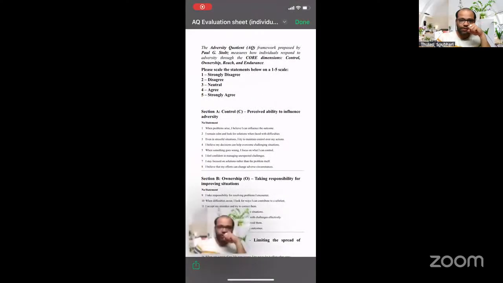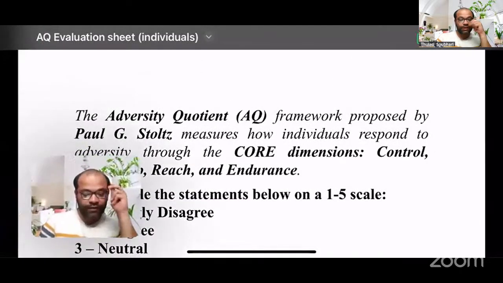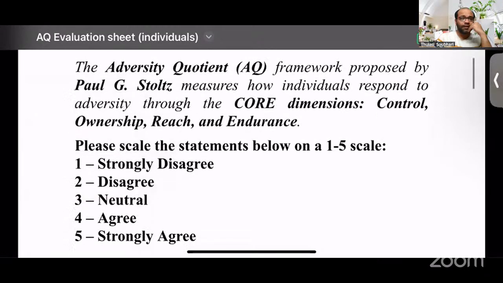Then next is R, reach. Reach is about whether you have properly responded to the situation. Reach is limiting the spread of adversity to other areas. So have you been able to respond at the right time, right place?